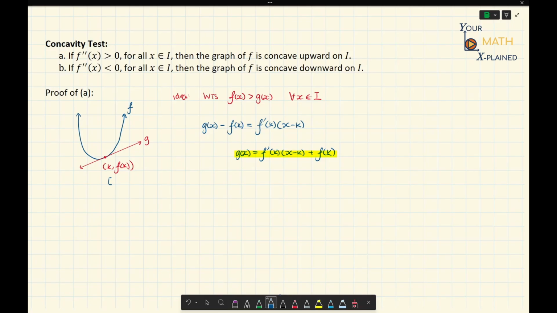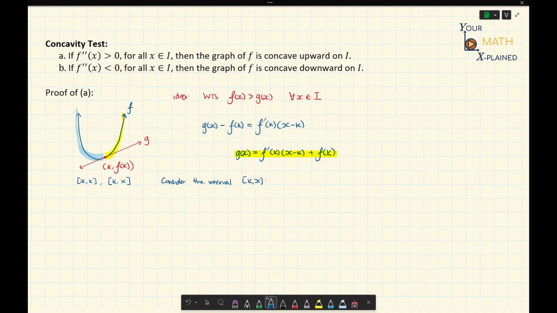So it's going to be from k to x, and then the other interval is x to k. So you can imagine it being to the right of this point, and then the other segment is to the left of that point. So for the first part, we are going to consider the interval k to x.